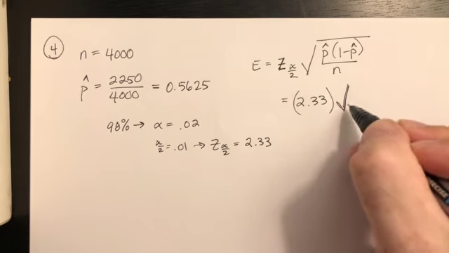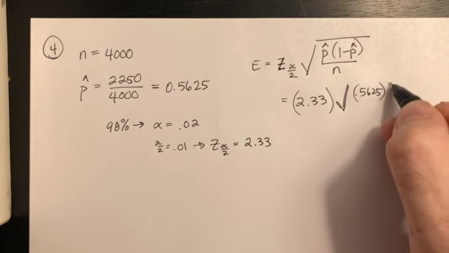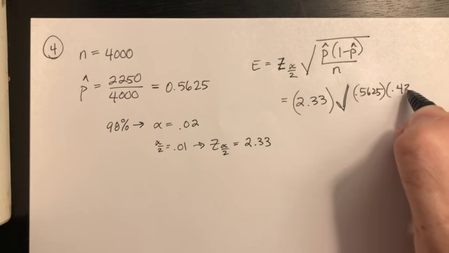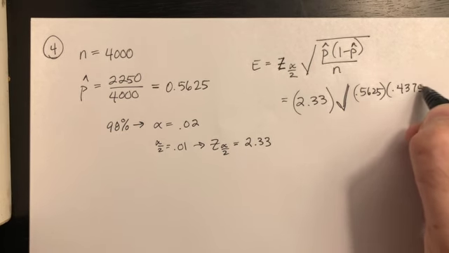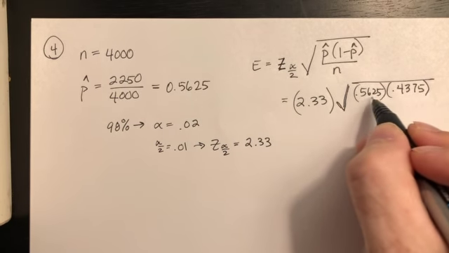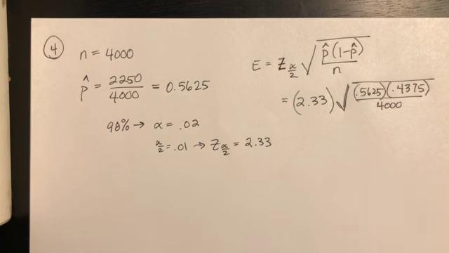All right, so 2.33 times the square root of 0.5625 times the other one, 1 minus that, which would be 0.4375, and that's all over 4,000. Now I'm going to do a little calculating.